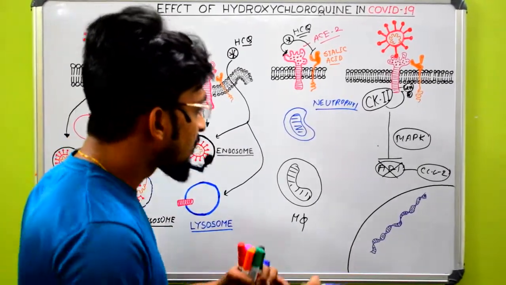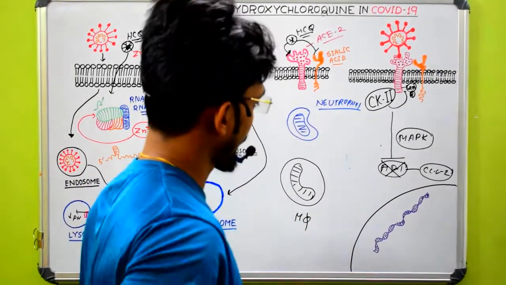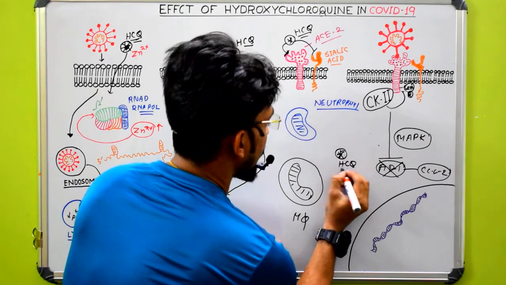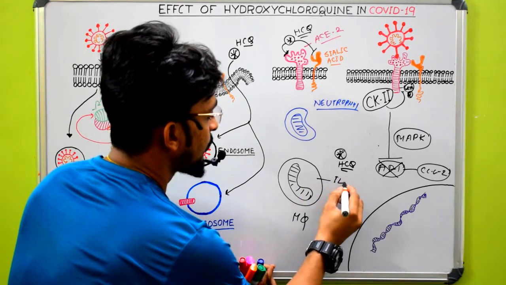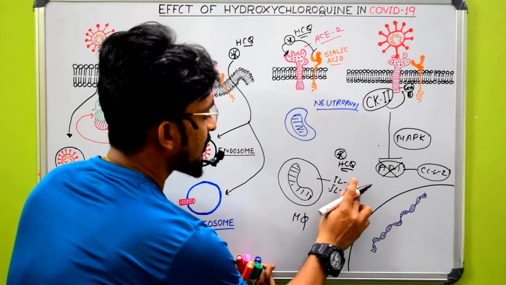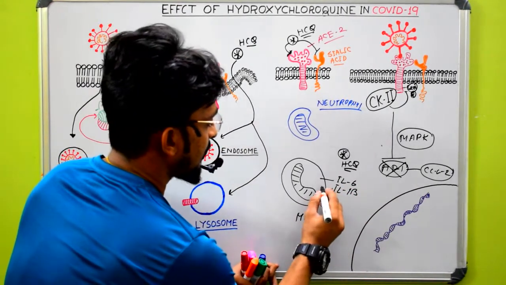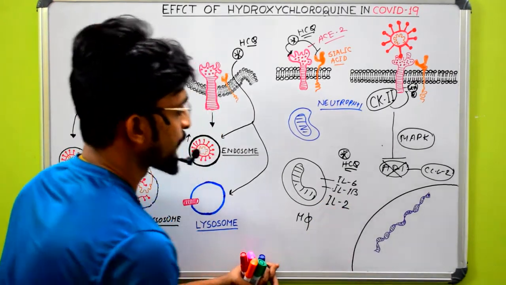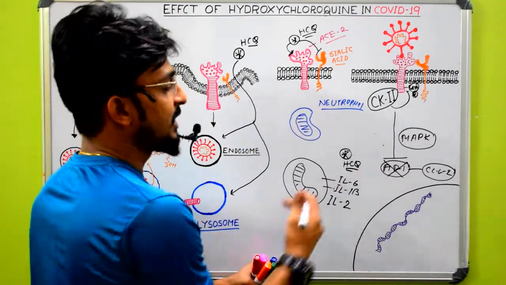Okay, so the hydroxychloroquine can prevent interleukin 6, interleukin 1 beta, interleukin 2, and other chemicals and other interleukins that are actually inhibited by it.